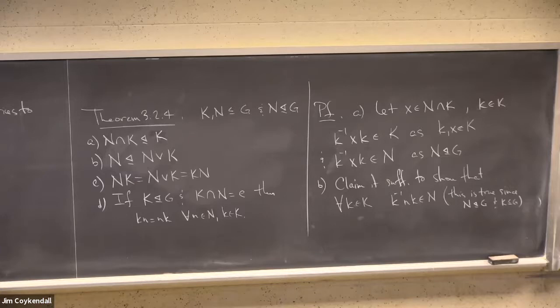So I need to be able to write this as something in N, something in K. Right? So really, I guess I need to write this as n k, but the problem is I've got this thing right off the table. Any ideas what I can do? I think I know what to do.